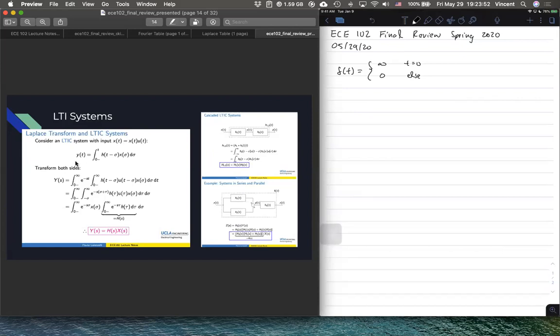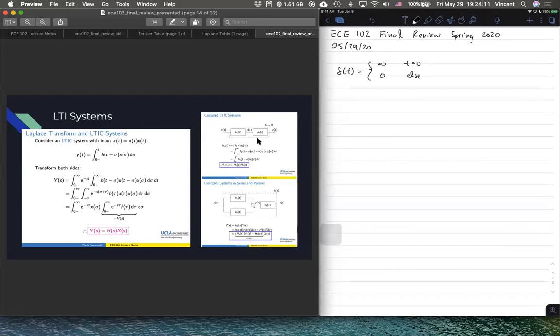This is just a proof of why that works. You start off with the output y being the convolution of h and x, and then you go through some steps, and later you'll find out that you can just multiply the two, and you'll get the output. Another important thing is combinations of systems.